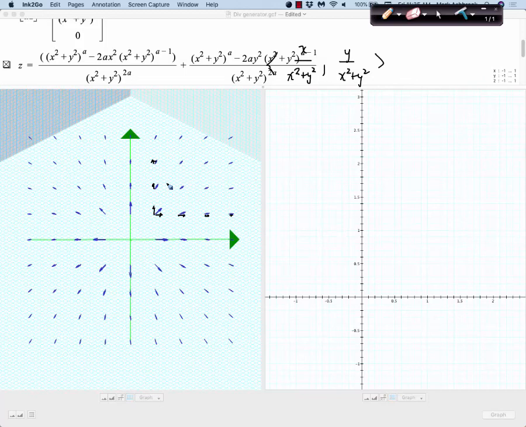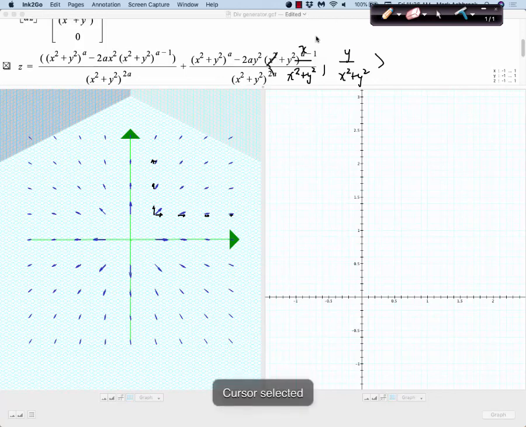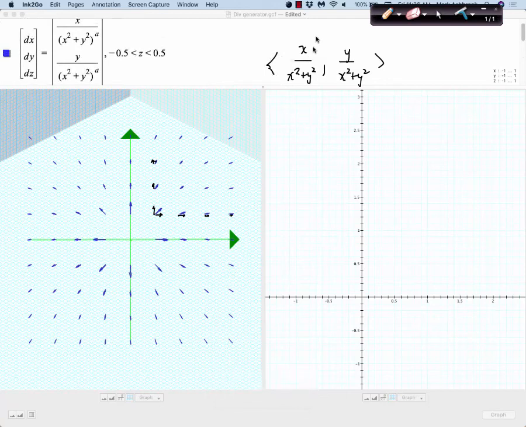So I think actually this is zero divergence in this one. If we were to do it, can we do it fast? So here's my vector field. The partial of the first with respect to x. Quick quotient rule here. Ready?